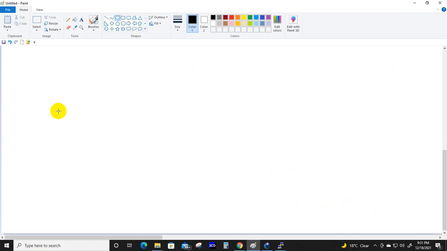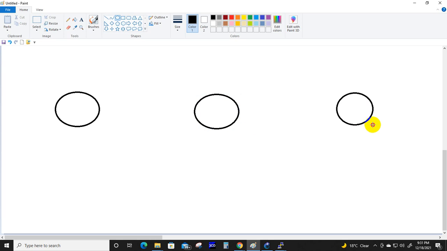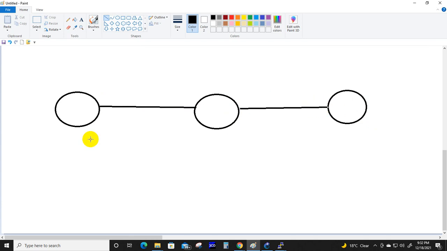In a layer 3 network, what we have seen, suppose this is a router, this is a router, this is a router. It is router 1, router 2, and router 3.